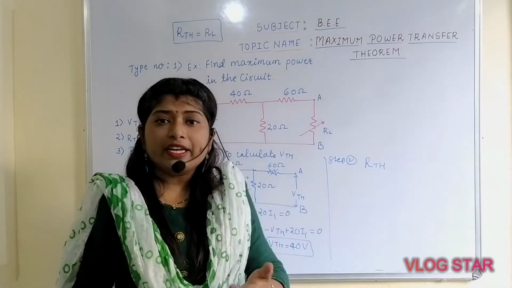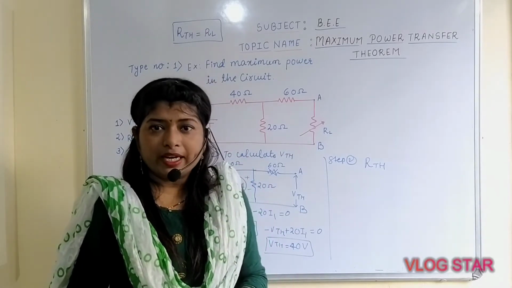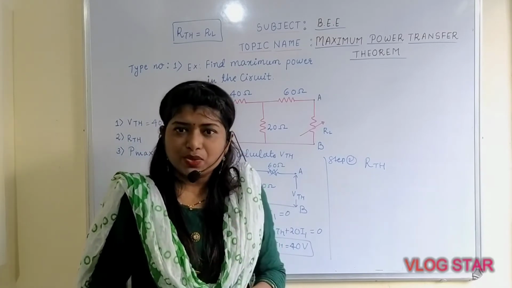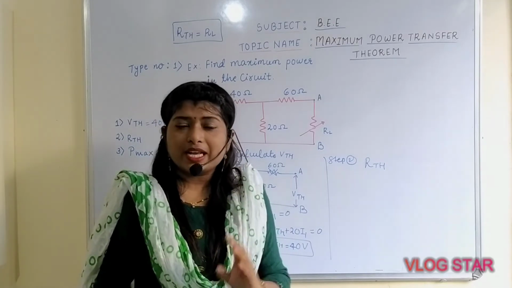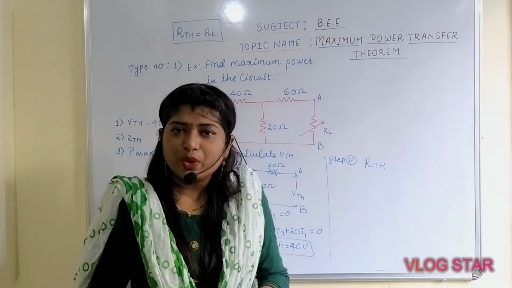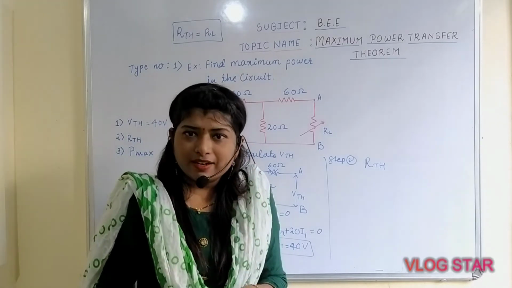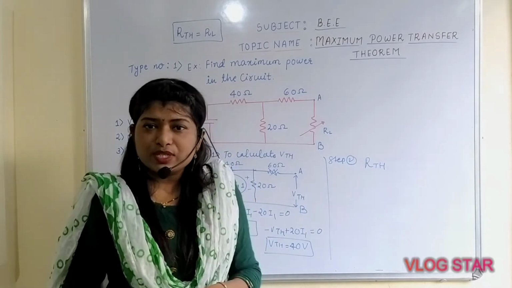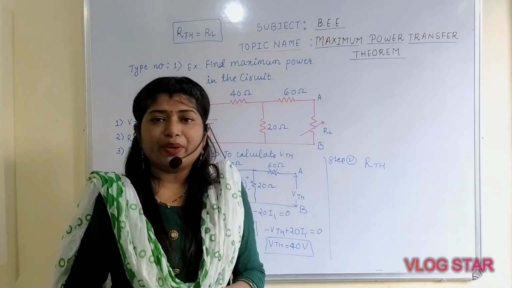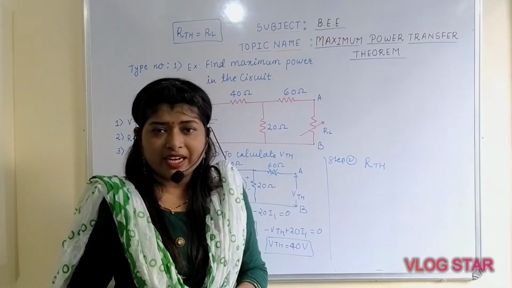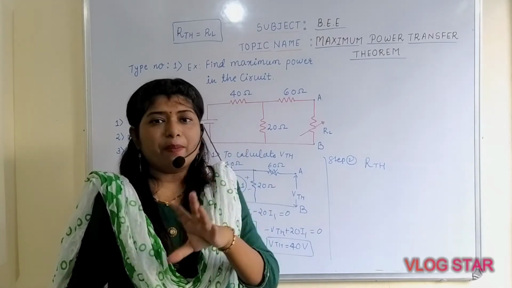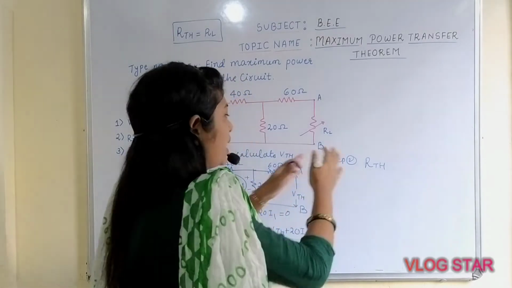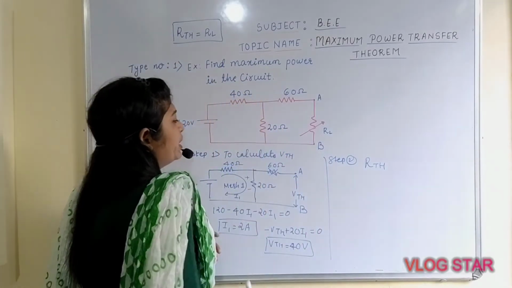Then identify the sources in the circuit, voltage source or current source. If there is a voltage source, replace it by a short circuit because of its internal resistance. If there is a current source, replace it by an open circuit. Then apply the series-parallel method to get RTH.